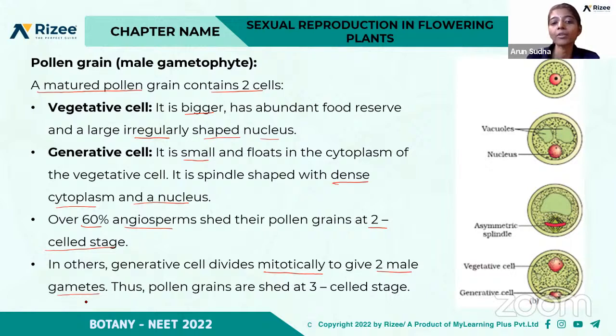So the pollen grains are shed at the 3 cell stage. In angiospermic plants, pollen grains may be shed either at the 2 celled or the 3 celled stage.